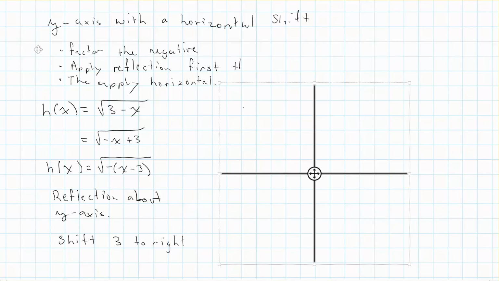And what we'd end up getting with the graph here, plotting my parent function again. 0, 0, 1, 1, 4, 2. My parent function being that. Well, if I do a reflection first, I would get following blue circles because I'm reflecting across the y-axis.